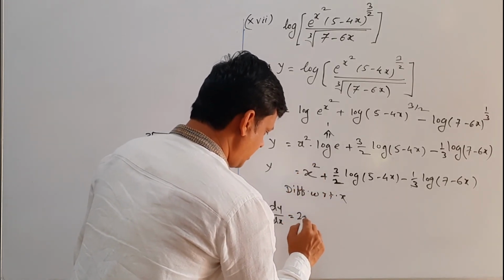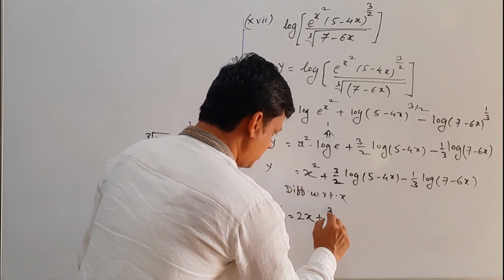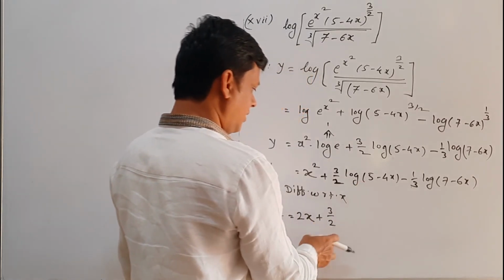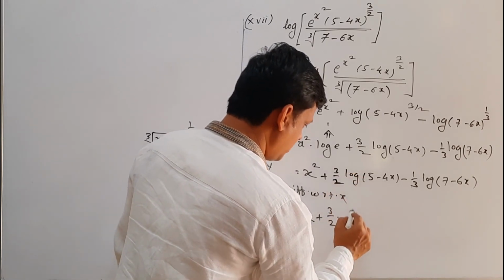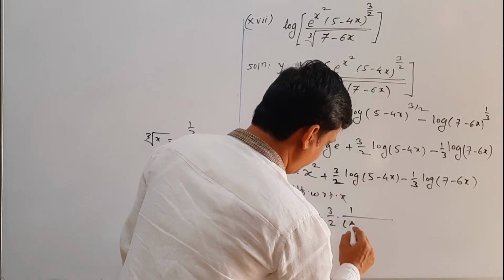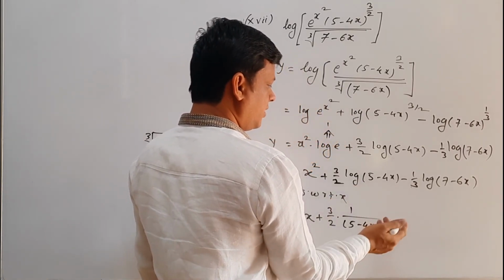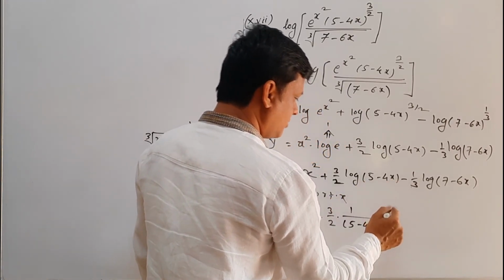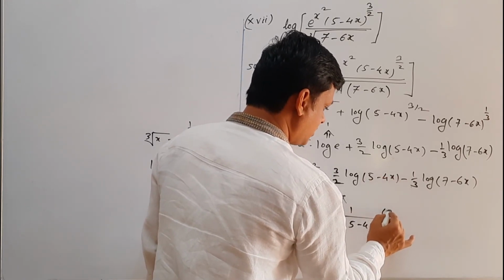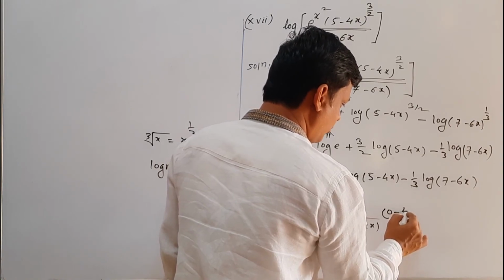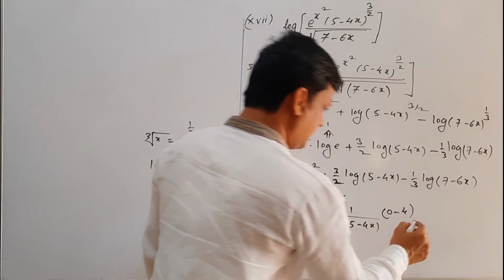Derivative of x square is twice x plus 3 by 2 is constant, which is with function log. So we write 3 by 2 as it is. Derivative of log is 1 upon. So we write 1 upon 5 minus 4x. Now this log is composite function. So we have to find a derivative of this bracket. 5 is a constant, so its derivative is 0, minus derivative of 4x is 4. So we write 0 minus 4.